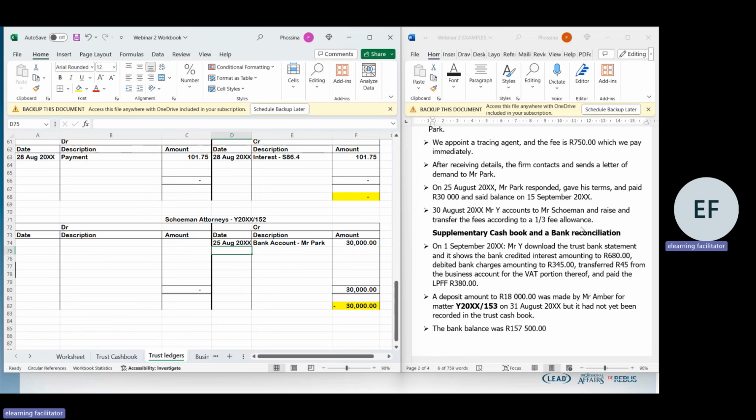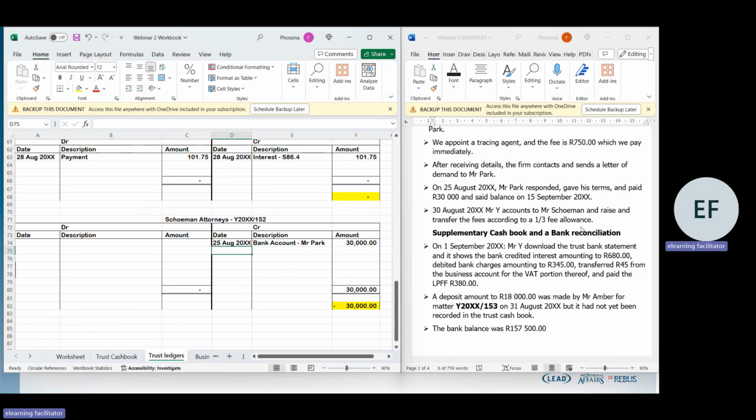Remember, this is a non-cash transaction. We have to record it. It's on 30 August 20XX.